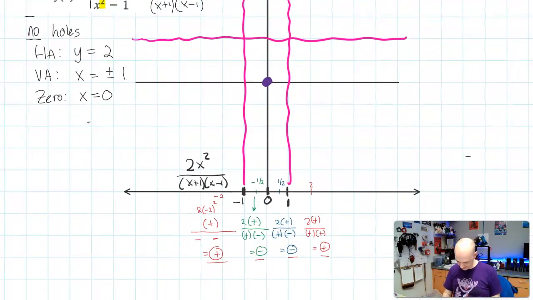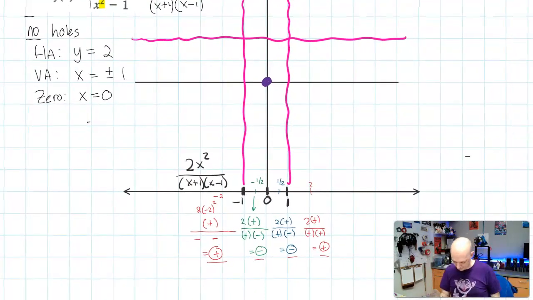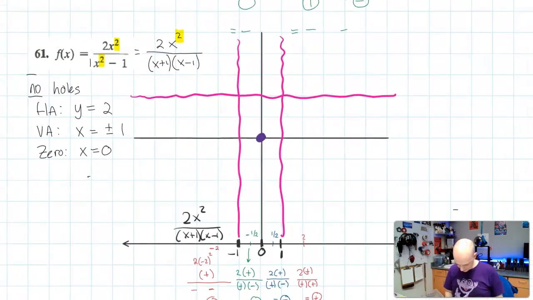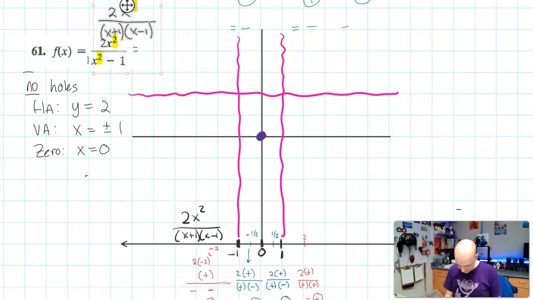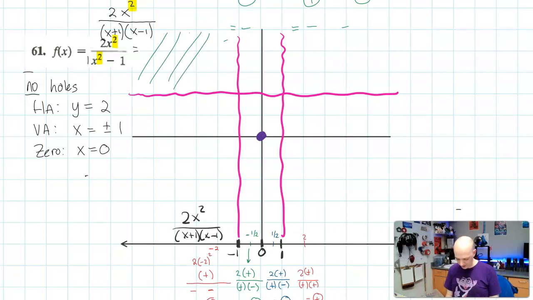So as I shade in the region where the graph should be, I need to take that into account. So let's shade in green here. So I need to be above the axis. Since it's above the axis and never touches the axis, there's no zeros there, it actually needs to be all the way above that horizontal asymptote.